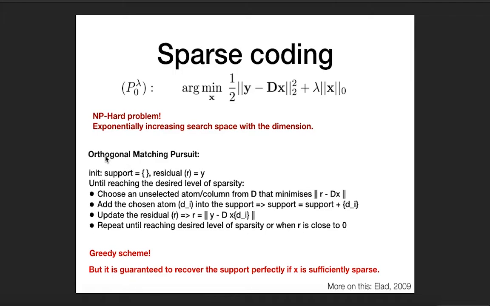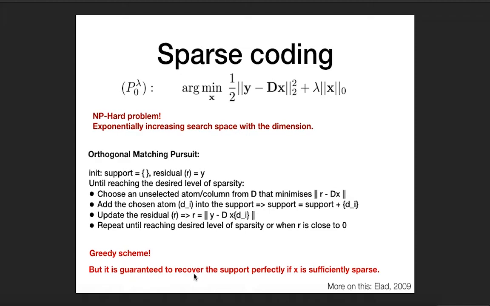Some atoms might not have gone together, but since you were picking in a greedy way, once you made a pick you can't remove it. So you are basically recovering the support. By support I mean what atoms to use to reconstruct y, using such greedy methods. It is guaranteed to recover the signal faithfully if x is sparse enough.